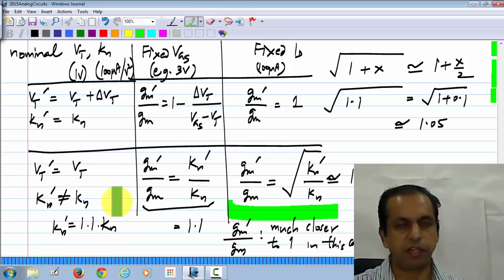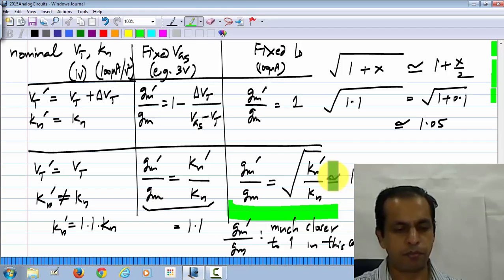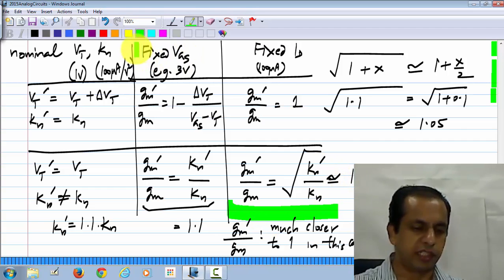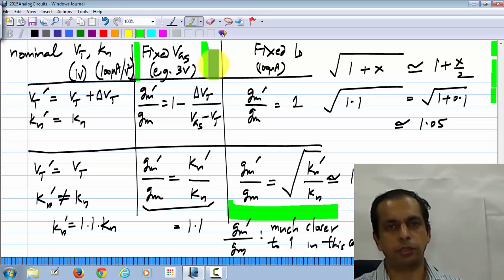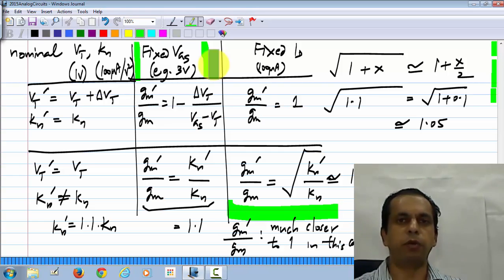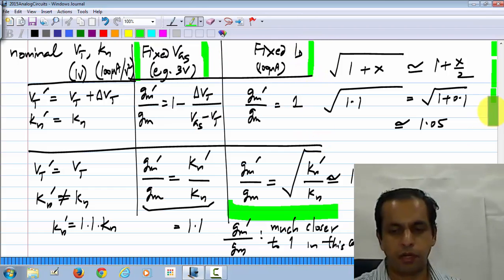So, although the current factor changes by 10%, Gm changes only by 5% in this case. So, this biasing, fixing the value of VGS, although that was kind of natural and that's what we started with, is not a very good way of doing it. It is not very robust, and Gm changes quite a lot with temperature and with different devices, whereas in this case it also changes but by a lot lesser amount.